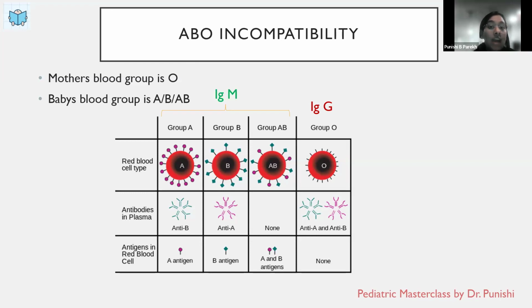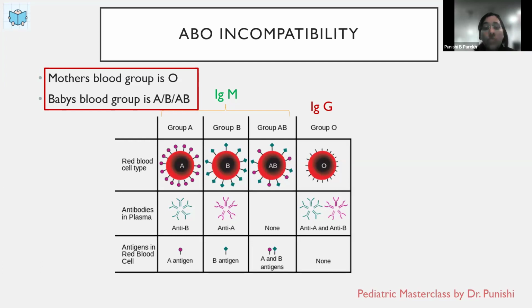And we know that IgM molecules are very big. They cannot cross the placenta, and as a result of which, you do not have incompatibility with the other blood groups. So remember, take home message from this slide is that ABO incompatibility is only possible if the mother's blood group is O and baby's blood group is either A, B, or AB.